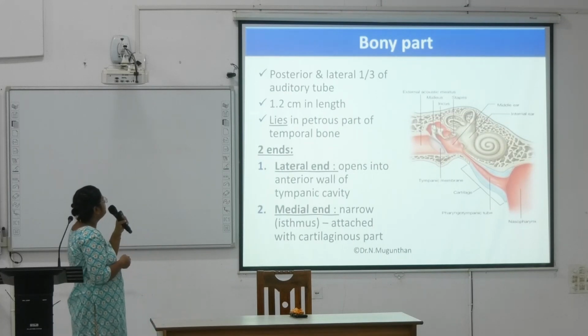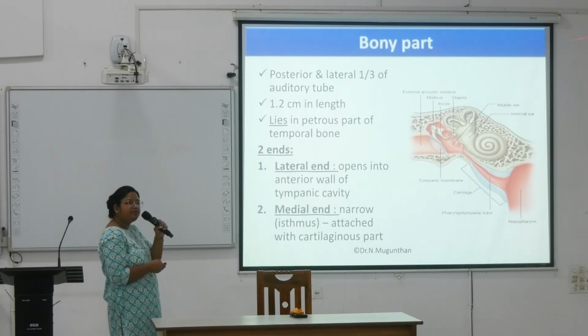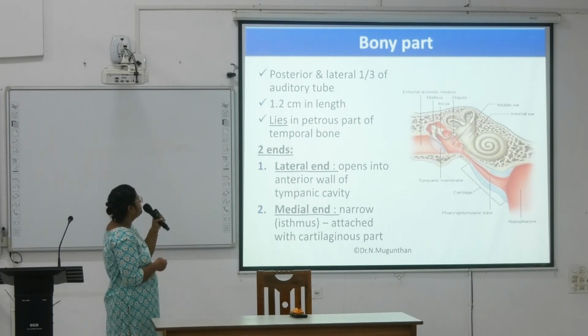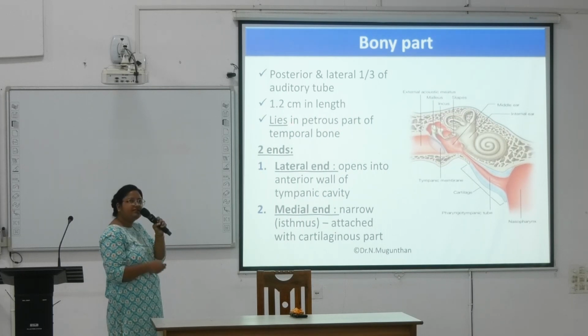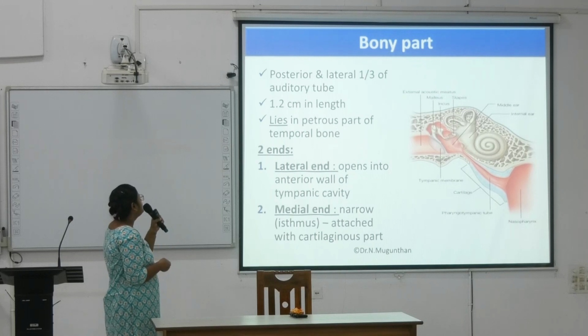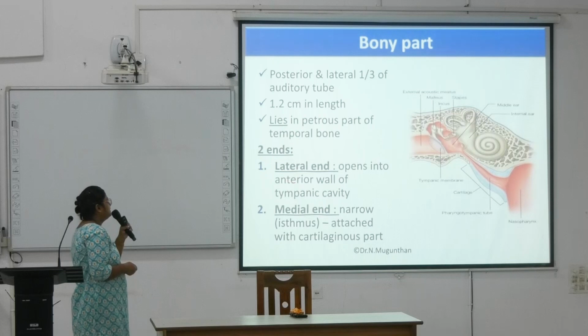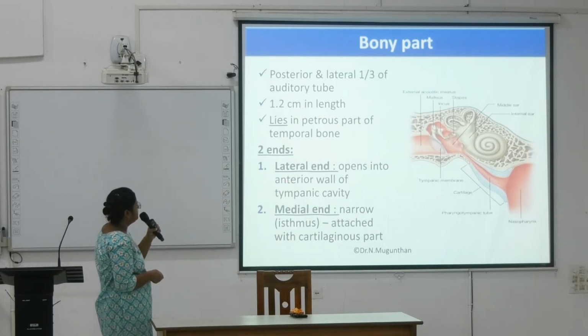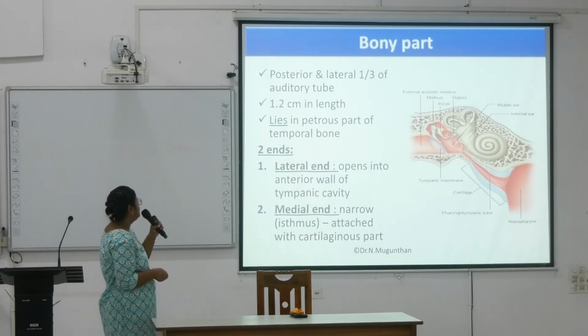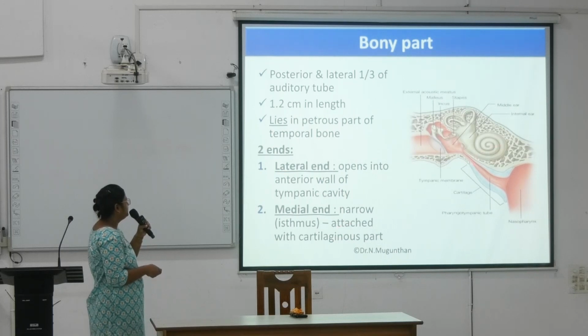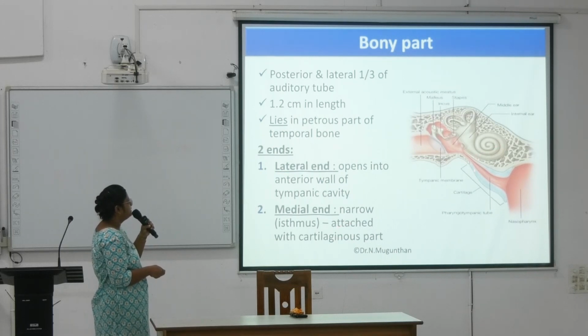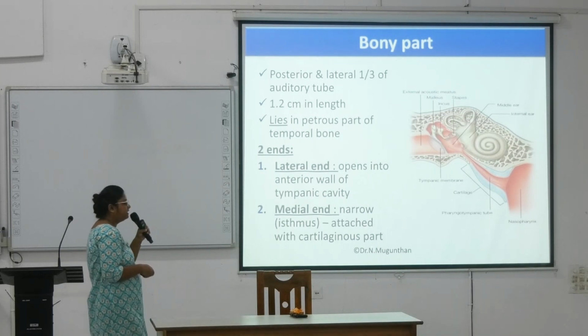The posterior and lateral one-third of the auditory tube is the bony part, 1.2 centimeters, that is 12 millimeter in length, lying in the petrous part of the temporal bone. It has two ends. The lateral end opens into the anterior wall of the tympanic cavity. The medial end is narrow, forming the isthmus, the narrowest part, joining with the cartilaginous part.